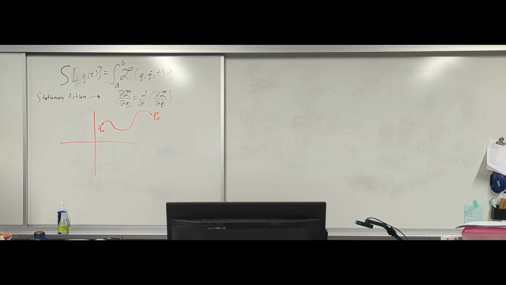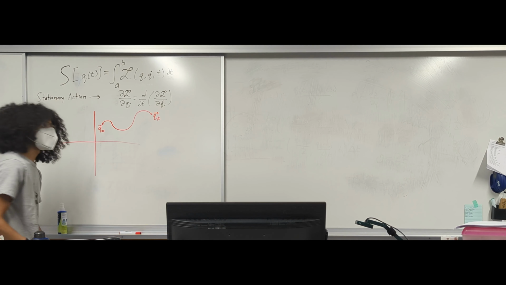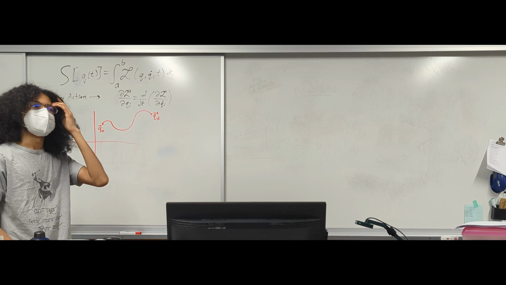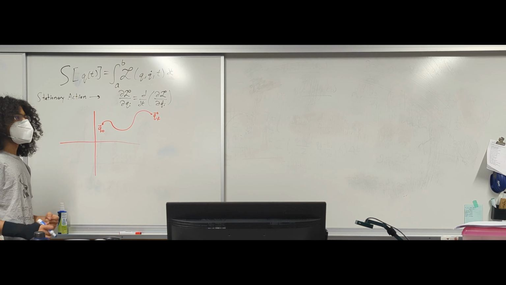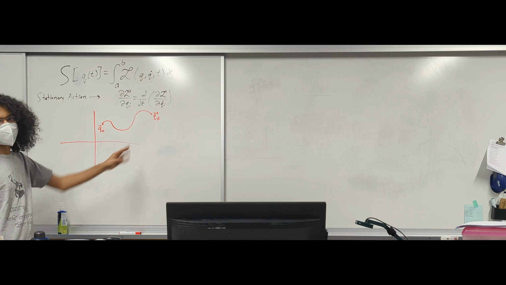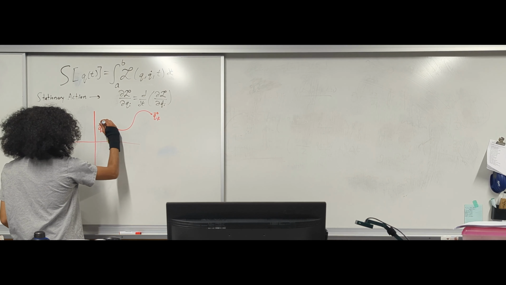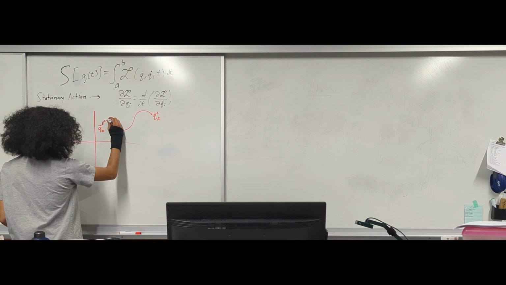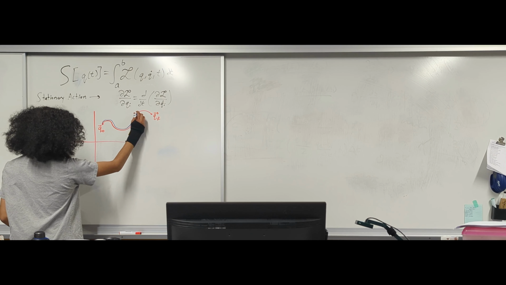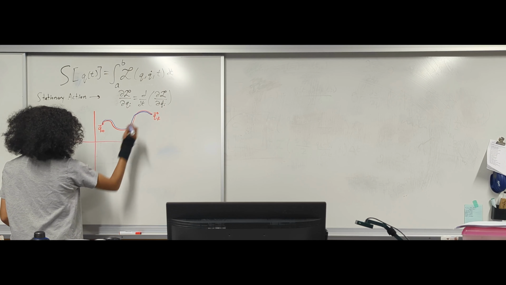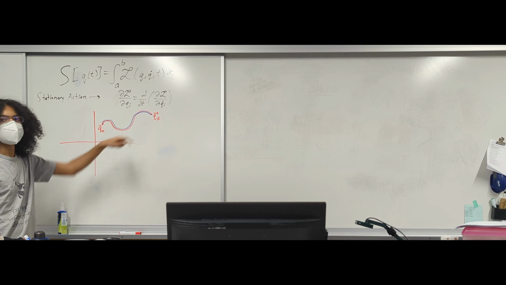Then what we mean by saying that there is a variation to the trajectory is that at all times in this time interval, we could consider a new trajectory that varies from the original trajectory by only an infinitesimal amount at each time.